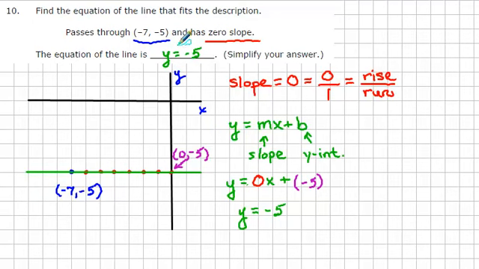Now at the beginning I mentioned there was a purely algebraic way to approach the problem, so let's focus on that for a moment. We could have started off with y equals mx plus b, and we were given that the line has 0 slope, so we could have substituted 0 for m.